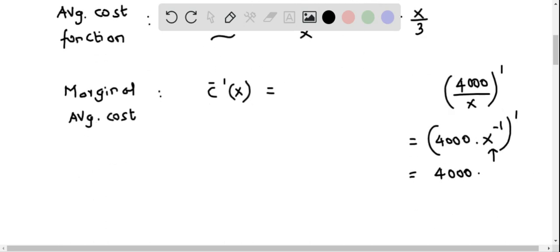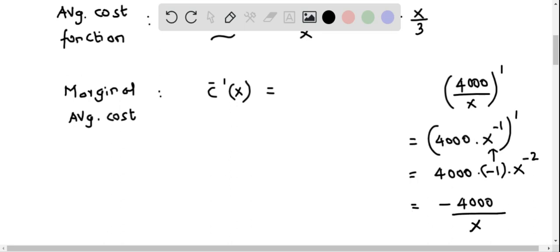According to the power rule, we put the power in front, that is negative 1, and then raise x to the power of the power minus 1, that is negative 2. So we have 4000 times negative 1, which is negative 4000, times x to the power of negative 2.